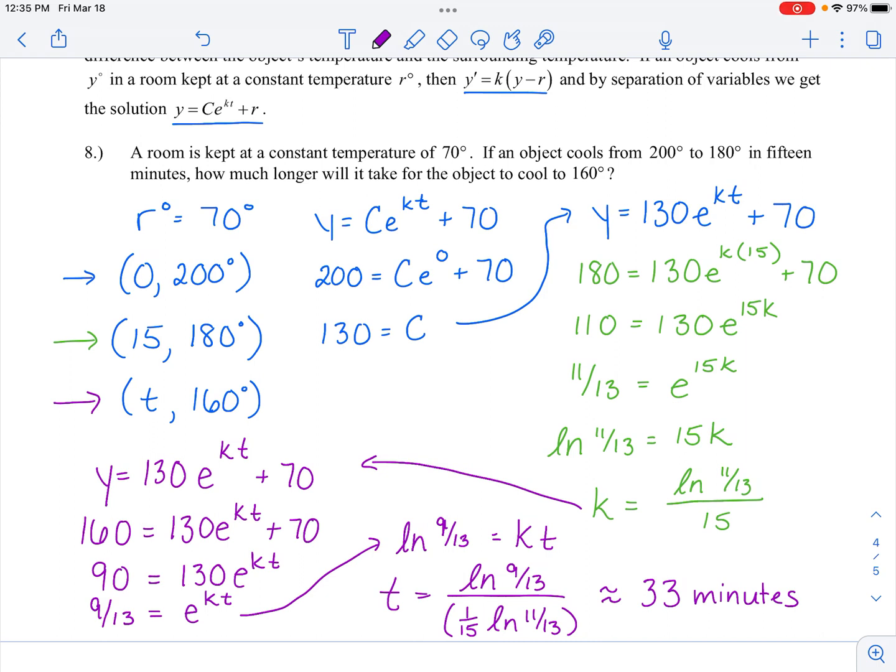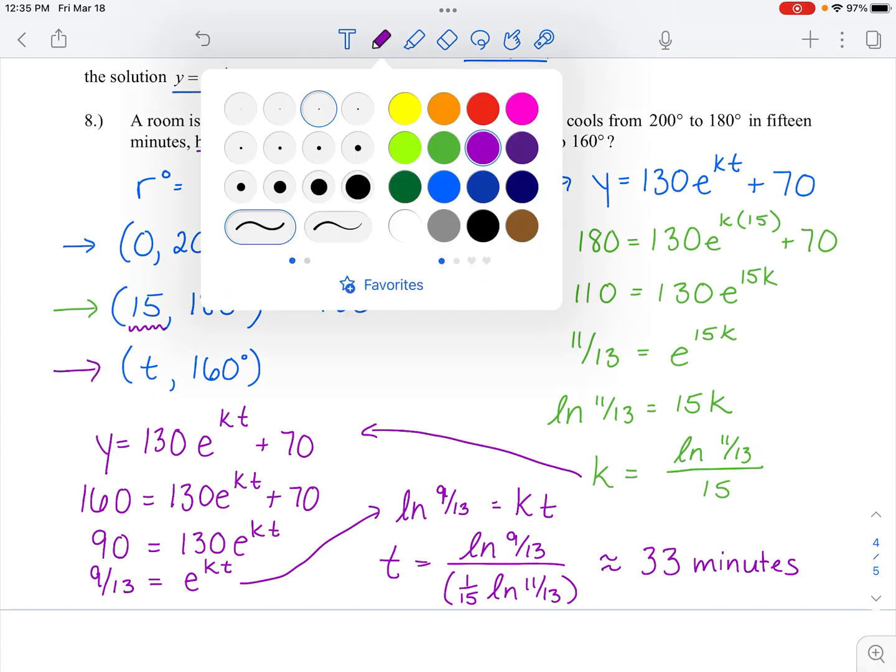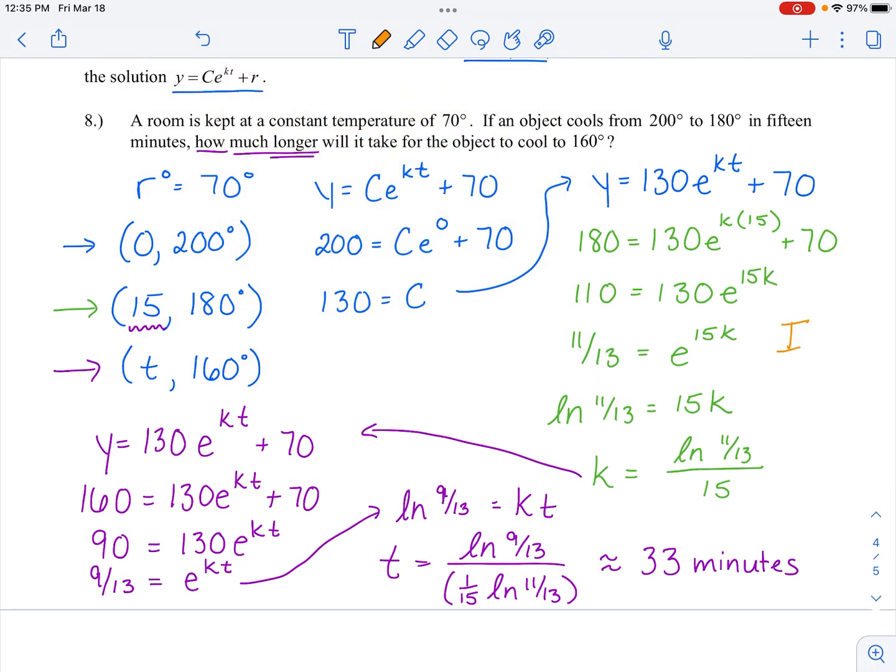Now, the question is, have I answered the question? It says, how much longer will it take for the object to cool to 160? So it's going to take 33 minutes to get down to that temperature, but 15 minutes has already gone by. So we're actually going to modify this, and we're going to say it will take about 18 minutes longer.